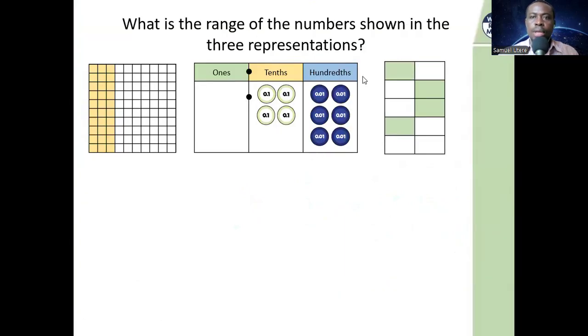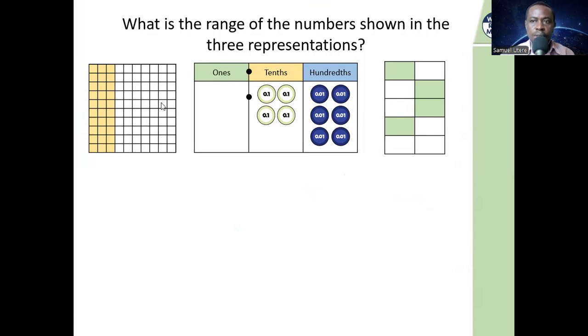Sometimes you can have different representations, and then you may be asked to find the range of the representations. In this question, it will be important to make them all have the same representation. Or don't you think so? Because looking at it now, it may be challenging to find the range.